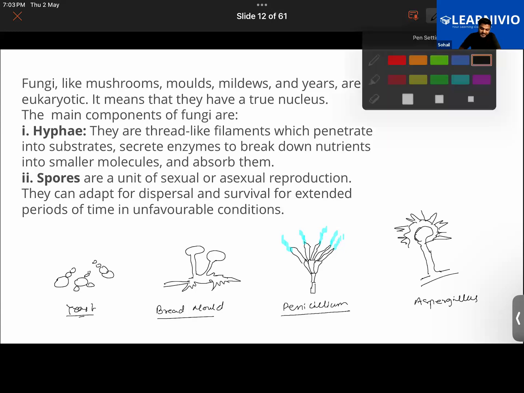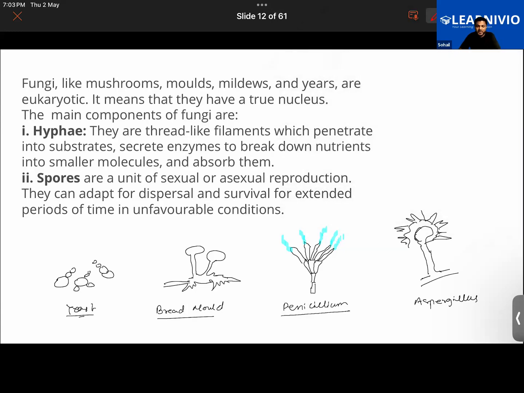See, what I'm basically trying to tell you by drawing this diagram is that if you look at the structure of yeast and other structures, yeast is very different from the other three. All the fungi except yeast are made up of very tiny threads called hyphae.